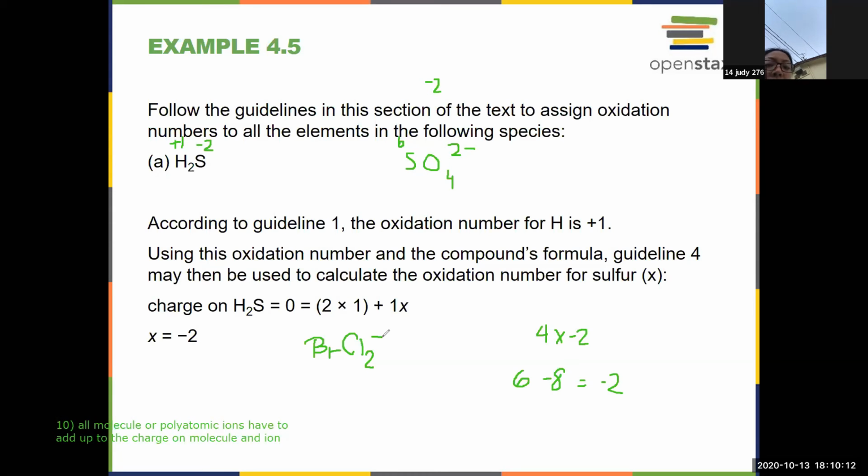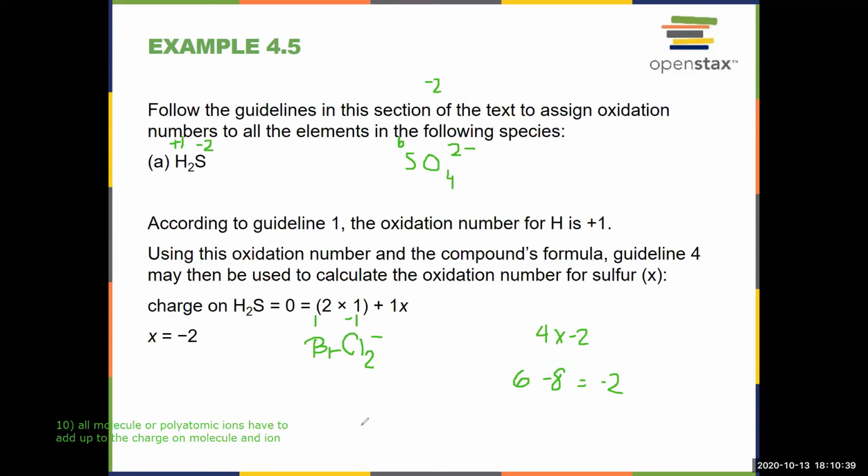A 1? Okay, that's right. So your Br is going to be a 1, and then each of your Cls is going to be -2, I mean, sorry, -1. Yeah, -1, and so 2 of those, both -1, so that should add up. Okay, does that give you an example, Sean?